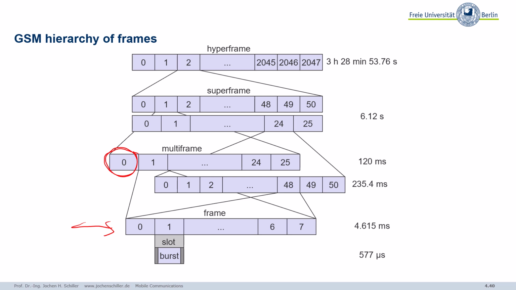Control data is, for example, used for transmitting things like the number of the cell, the operator, and much more control data you need for medium access, you need for synchronization, etc. You also need this hierarchy of frames for the encryption scheme, for numbering, etc. If you're interested in these frames, frame structures, more protocols, multiplexing, etc., please do look up the standards.